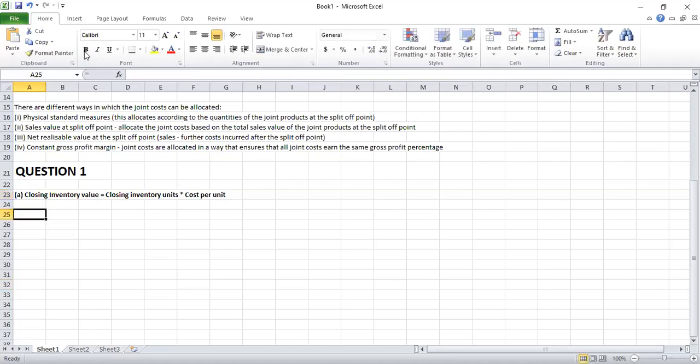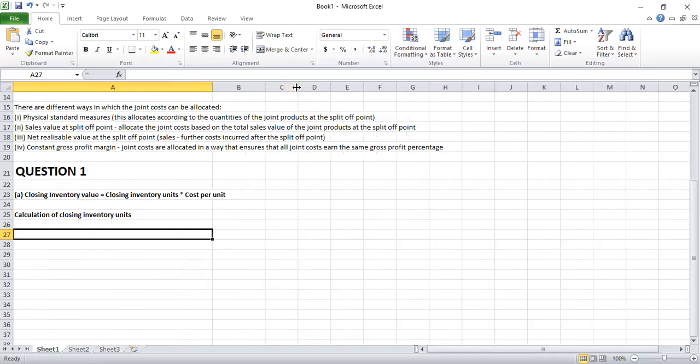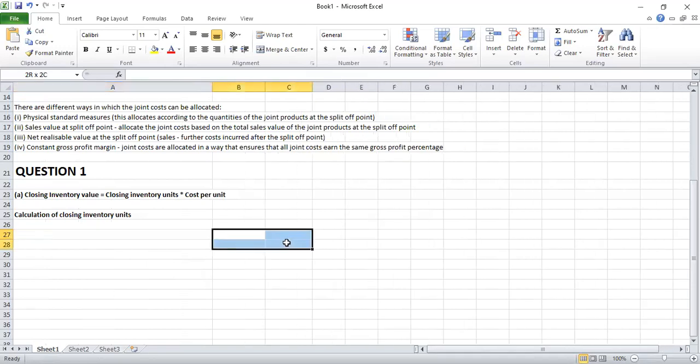So then let's do our calculation of closing inventory. Let's remember from our previous sessions on budgeting and direct and absorption costing, our formula for calculating our closing inventory.